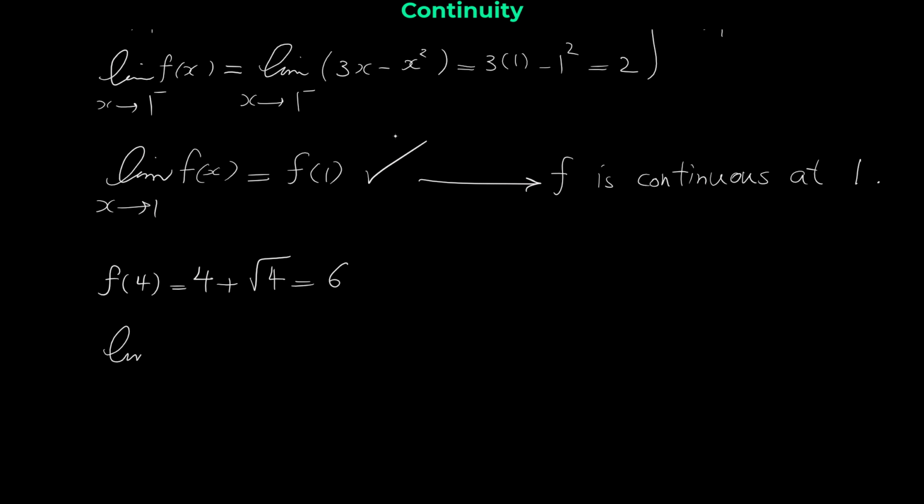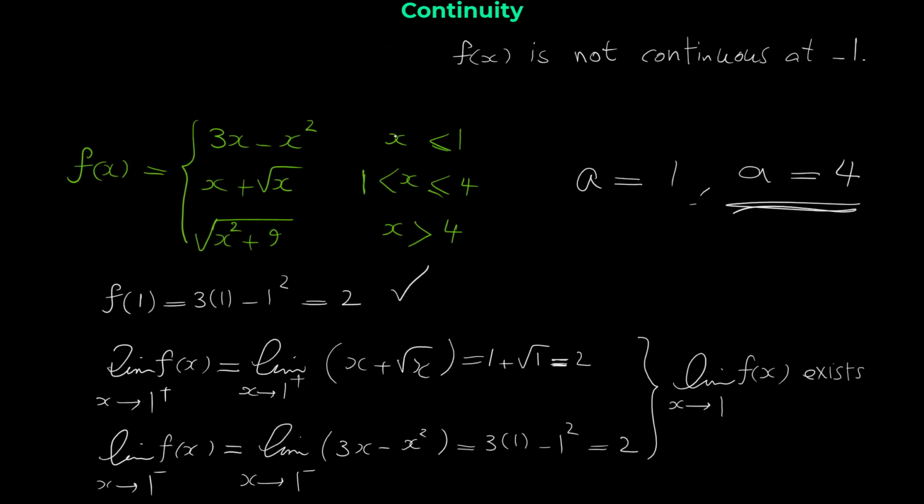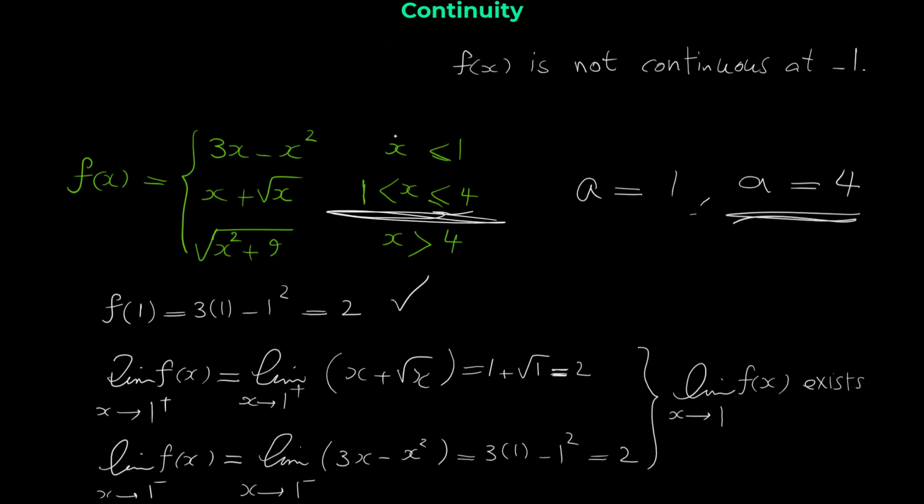For finding the limits, we find the limit from the left and we find the limit from the right. For finding the limit from the left, I am going to use the second equation, x plus radical x, as x approaches 4 from the left. Why? Because, look at this, when x is less than 4, use this equation.